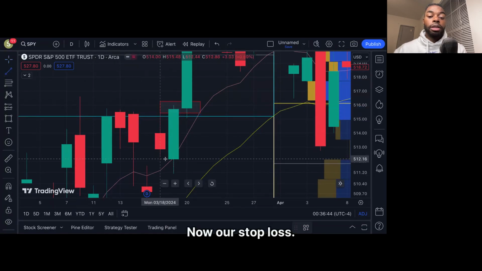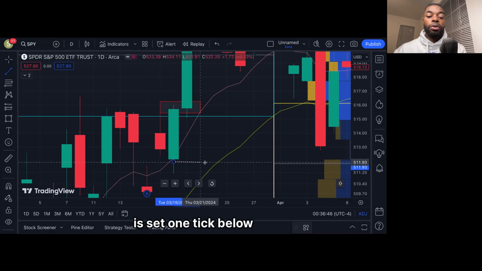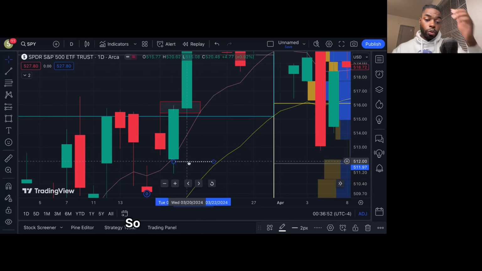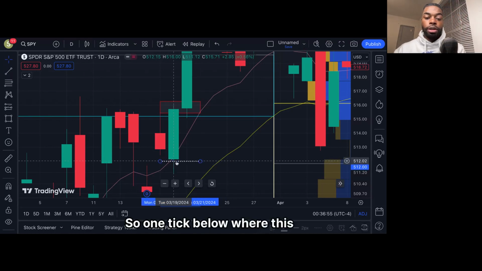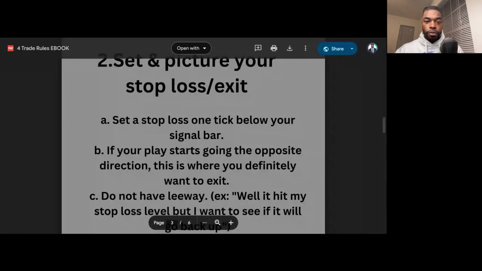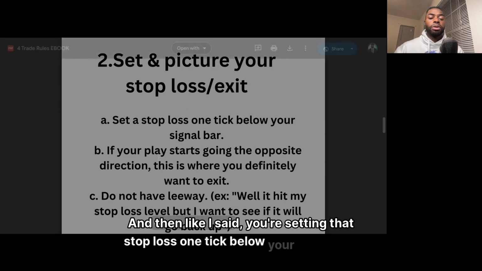Now our stop loss is set one tick below the open of this candle, which is right over here. So one tick below where this line I drew is. And then, like I said, you're setting that stop loss one tick below your signal bar.